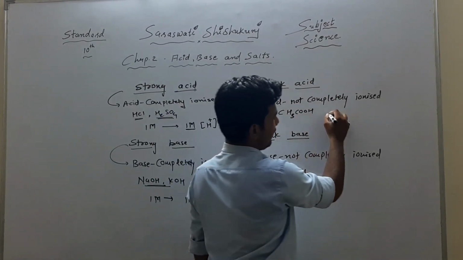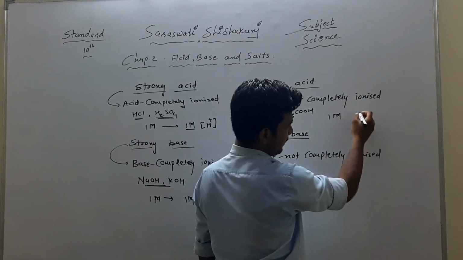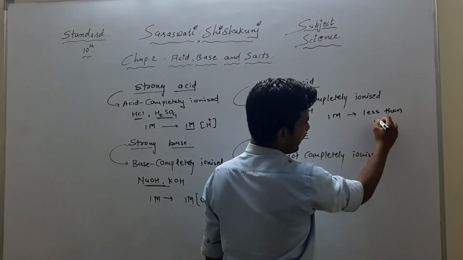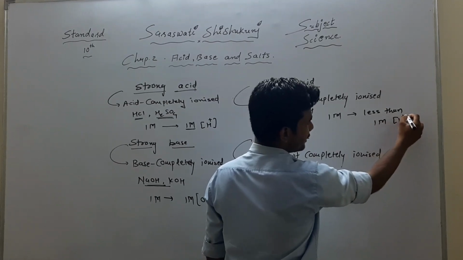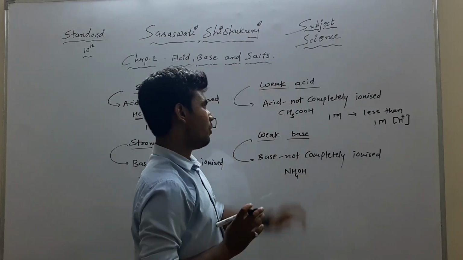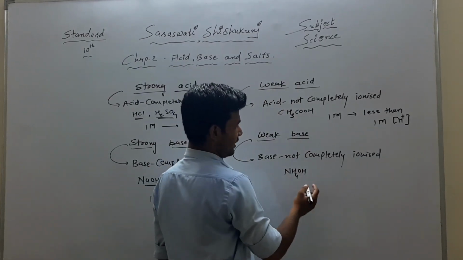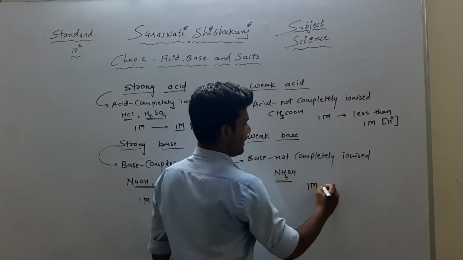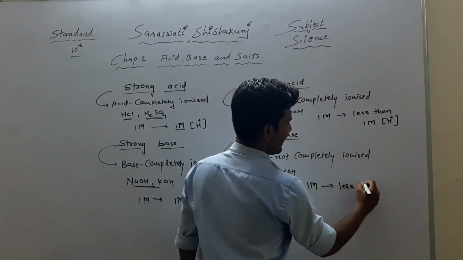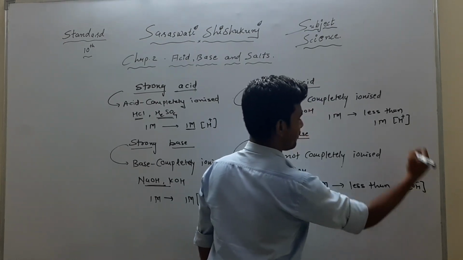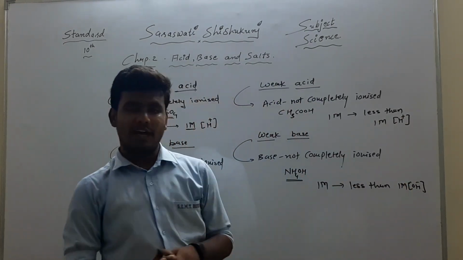But if I take 1 molar of solution and it gives us less than 1 molar H plus, that means it is not completely ionized, so that is a weak acid. And same here, if I take 1 molar of weak base and it gives us less than 1 molar concentration of OH minus, that will be our weak base.